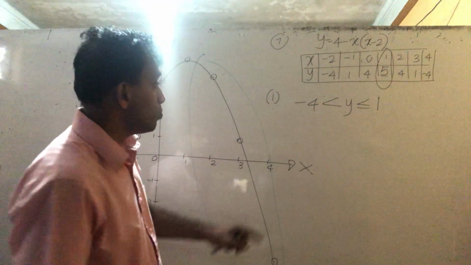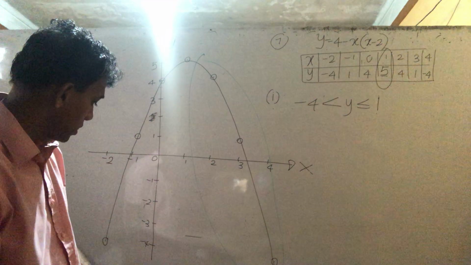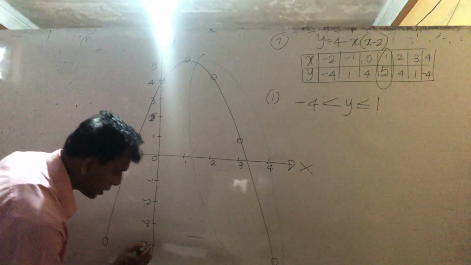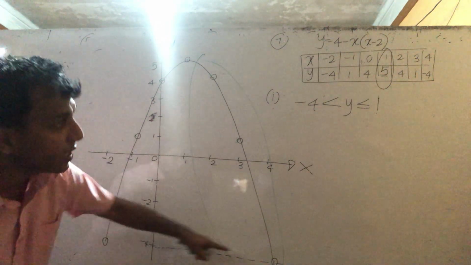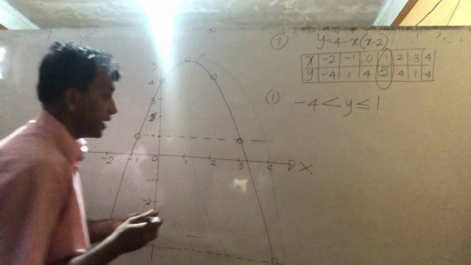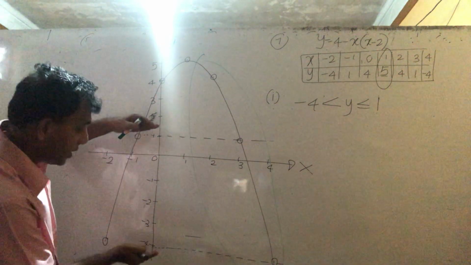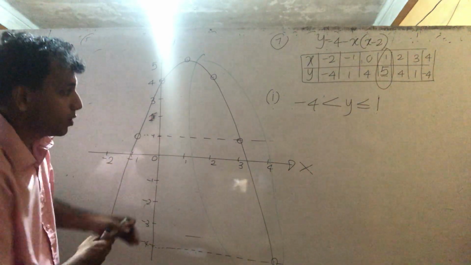Also y should be from minus 4 to plus 1. Where is y minus 4? Here, y minus 4, up to plus 1. So the red range is between 1 and minus 4.